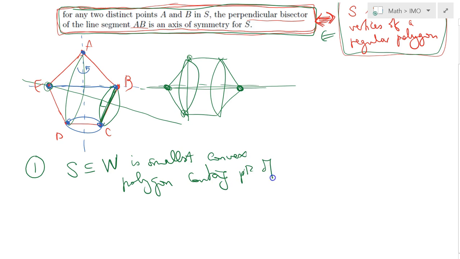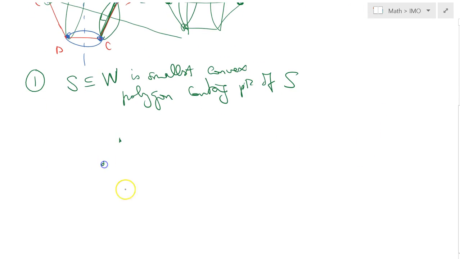So for instance, if S is a bunch of points like this, then the convex hull would simply be the outmost points, this convex shape which covers the whole thing, right? So this would be the convex hull of these points. What's interesting is that the vertices of the convex hull will be precisely points of S, right?